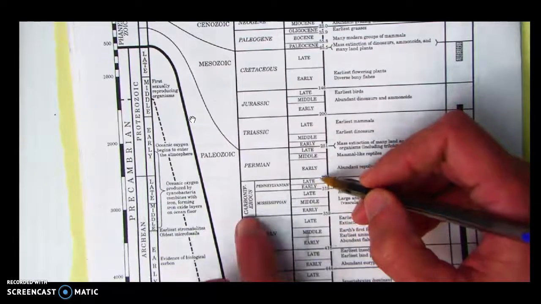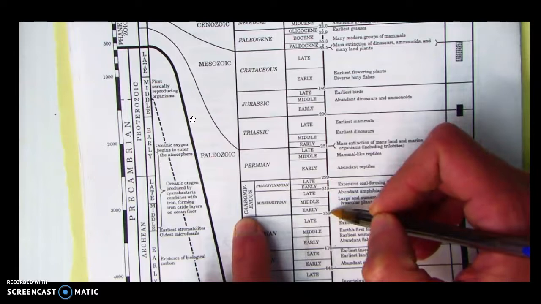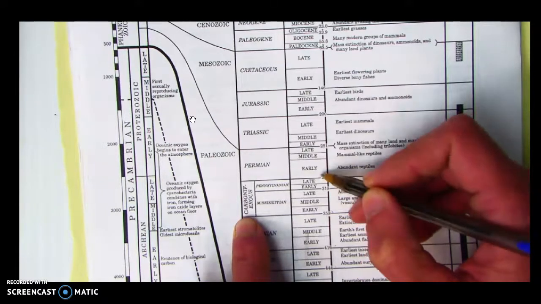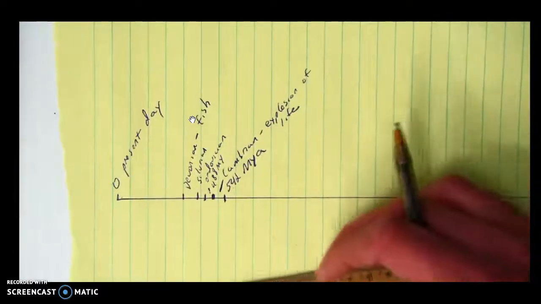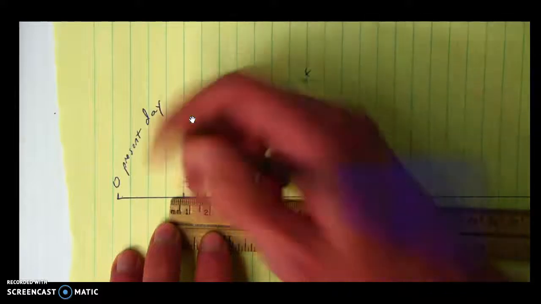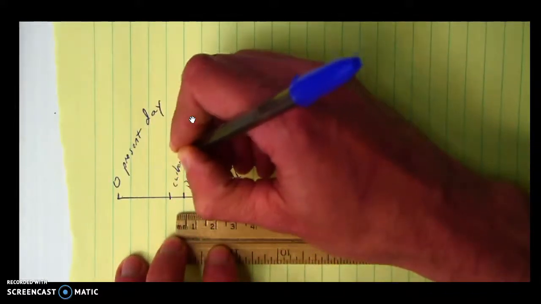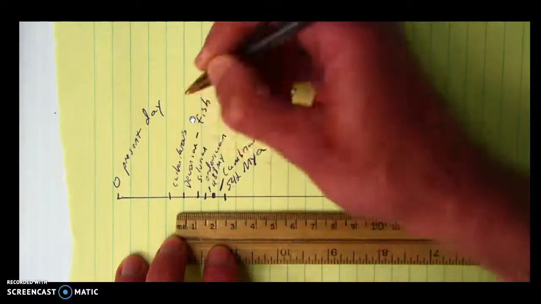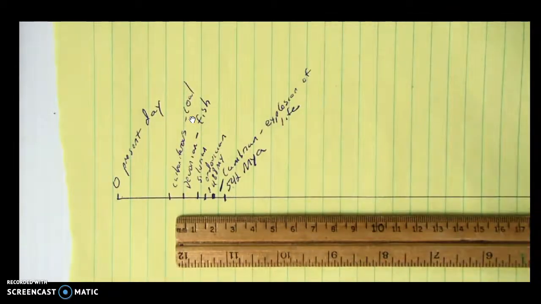We'll treat the Carboniferous as one time period from 299 to 359, which means that's 60 million years of time. So I'm going to do 6 millimeters, and we'll label that Carboniferous. This is the age of coal, when we had our big tropical coal forming forests.